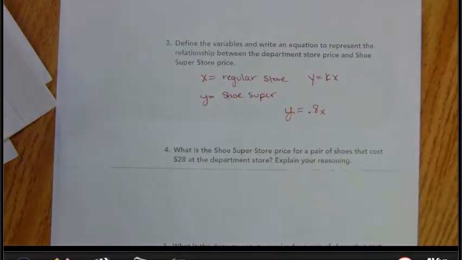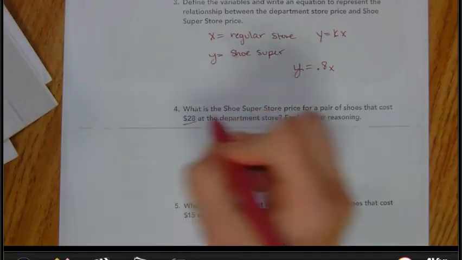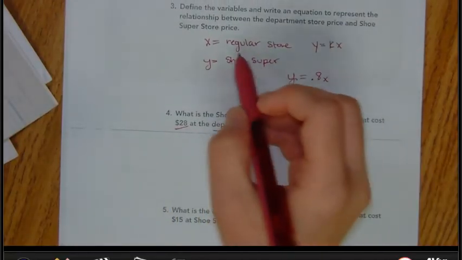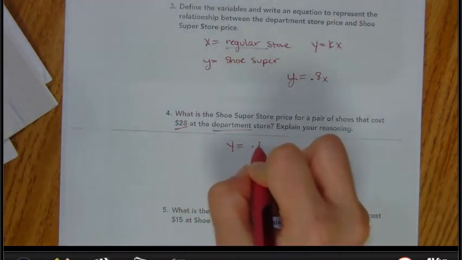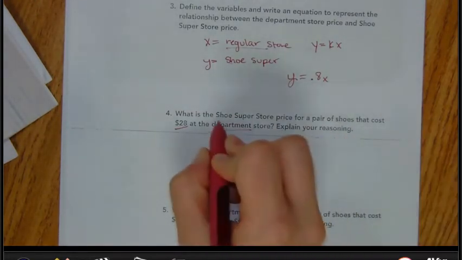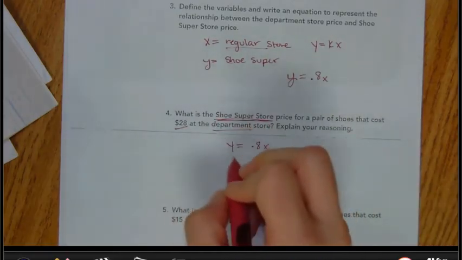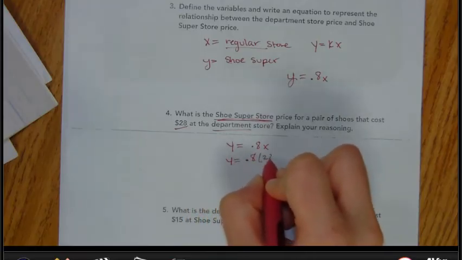All right. What is the shoe superstore price for a pair of shoes that cost $28 at the department store? So remember, the department store is the regular. So I have my equation y equals 0.8x. I want to know what my discounted price is, so what is y? I'm going to plug in 28 for x. So y is equal to 0.8 times 28.